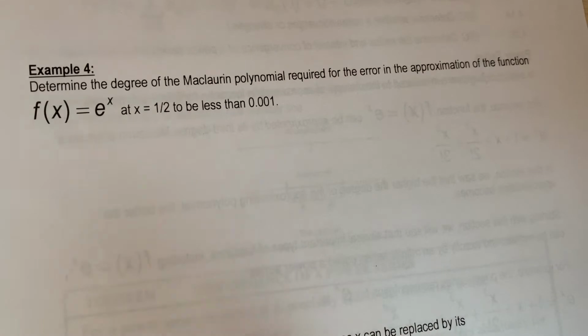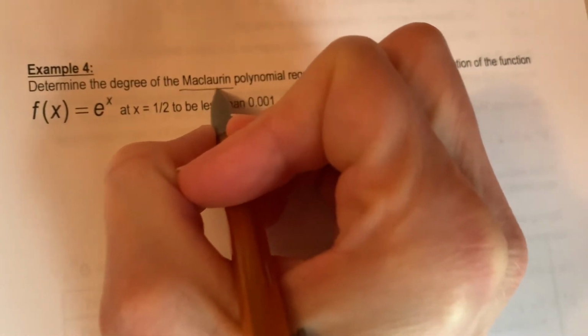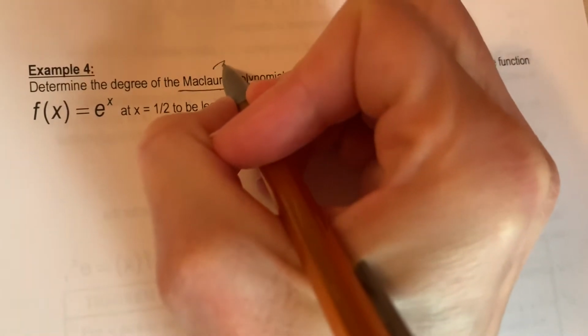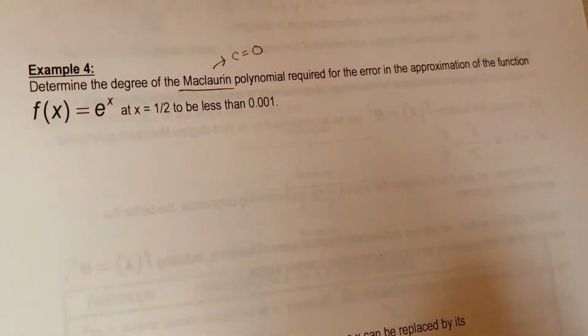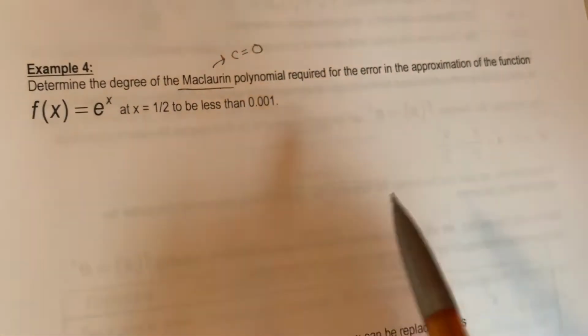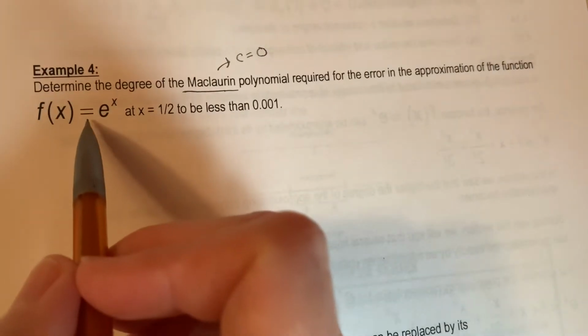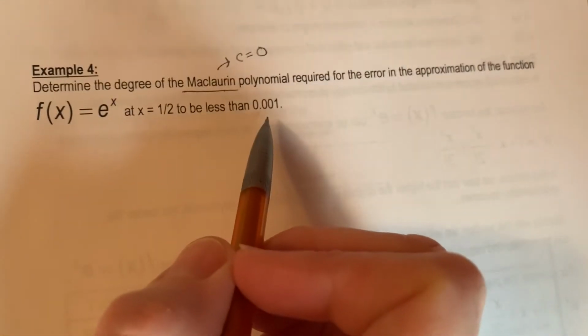So example 4 says determine the degree of a Maclaurin. Remember, when you see the word Maclaurin, it is always centered at 0. So determine the degree of a Maclaurin polynomial required for the error approximation of this function, e to the x, at x equals 1/2 to be less than 0.001.